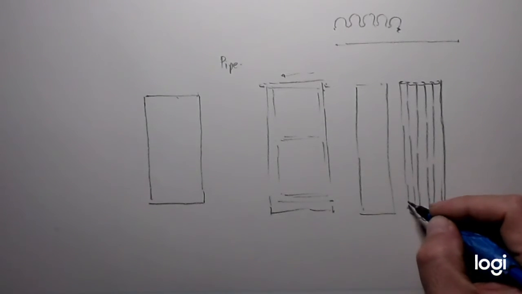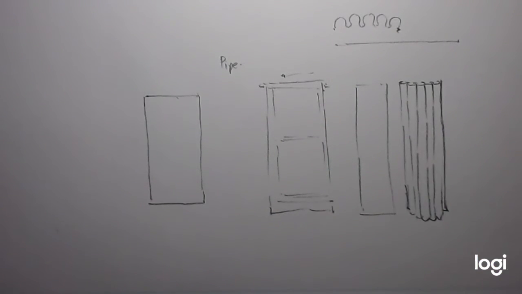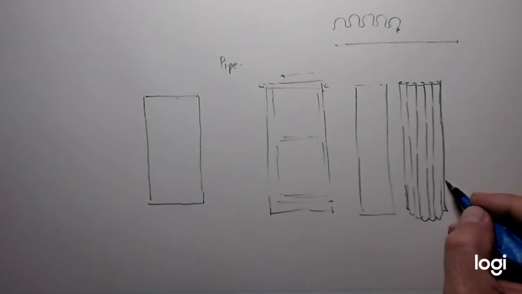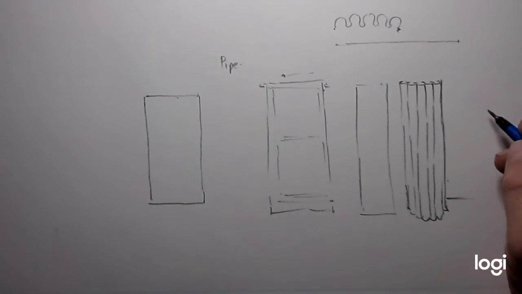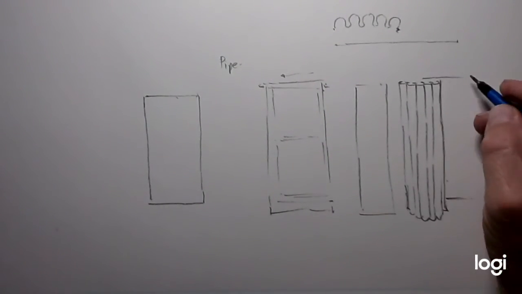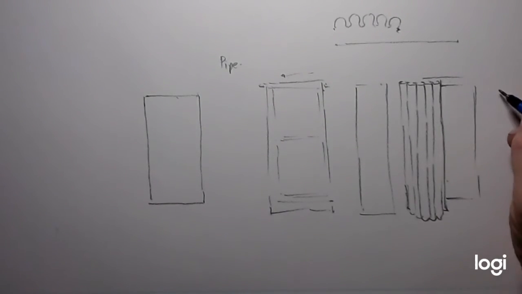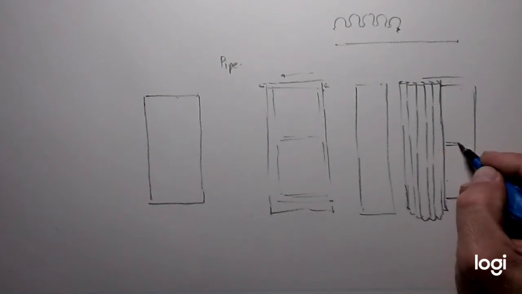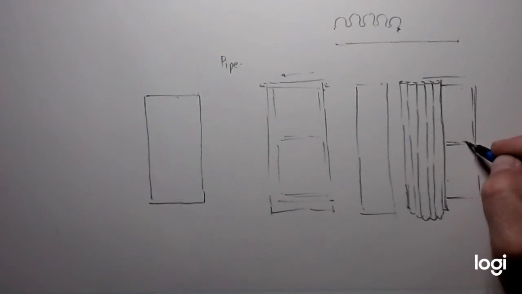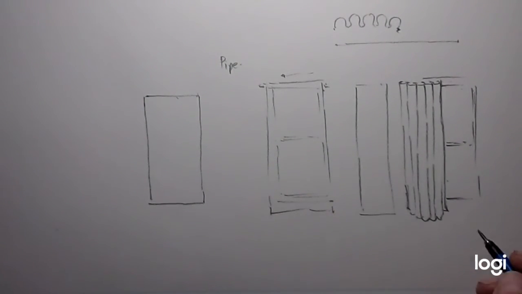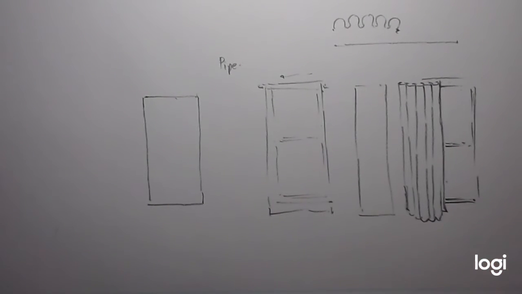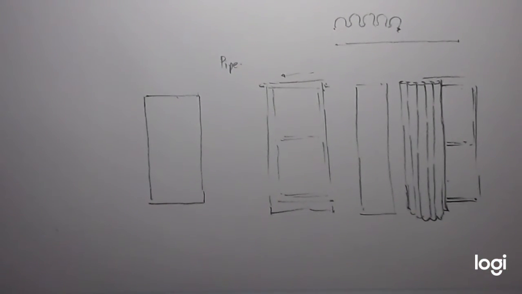And you can sometimes get one of these guys kind of loose in the back. And then your window pokes through. That's the pipe fold. And it happens all the time.